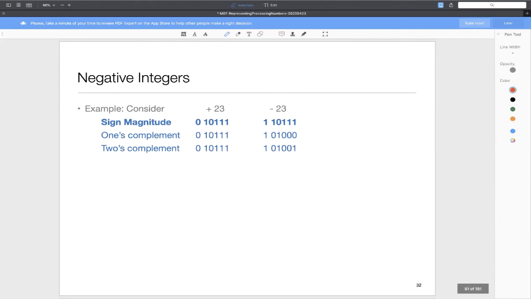The idea behind this is the following. In sign magnitude, we will set aside 1 bit to represent the sign and the rest of the bits to represent magnitude. 0 means positive and 1 means negative.